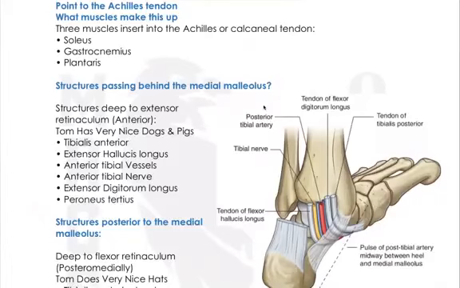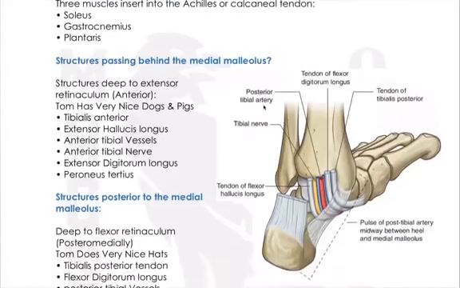Excuse me, sir. This says that these are the structures passing behind, but they are actually all the structures ahead, in front of the medial malleolus. The ones that you just said pass below the extensor retinaculum.